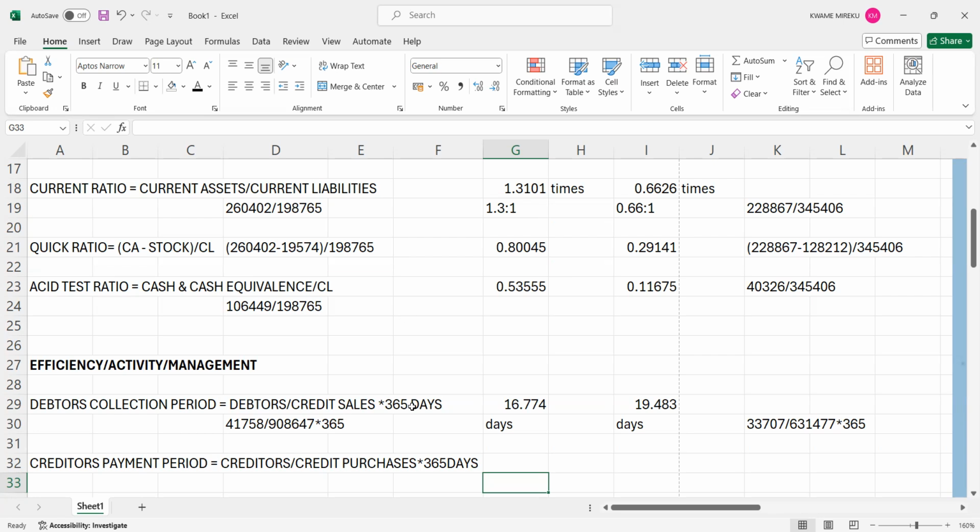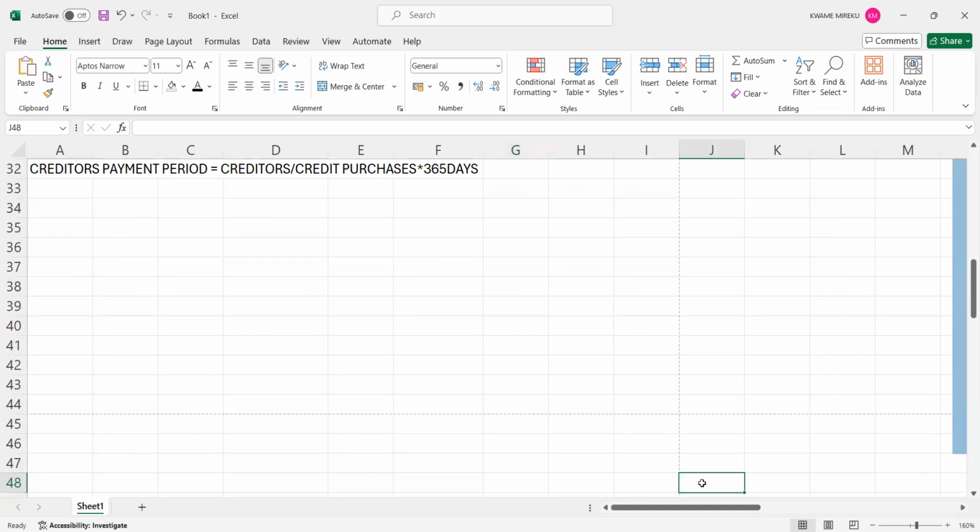So first, we search for the credit purchases figure. For now, let's go and get our creditors.